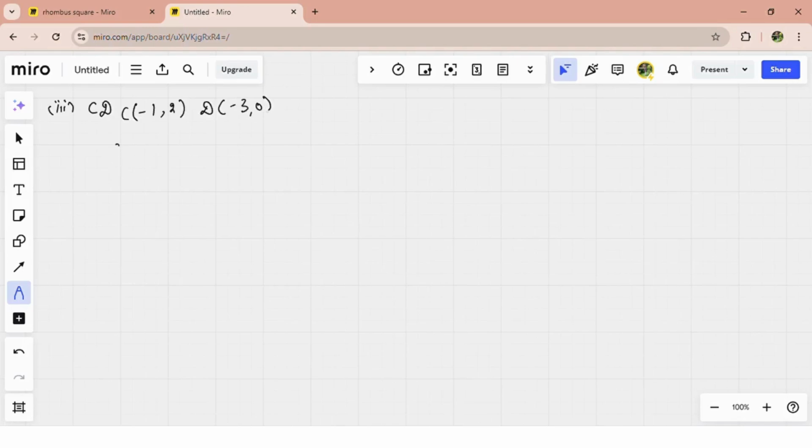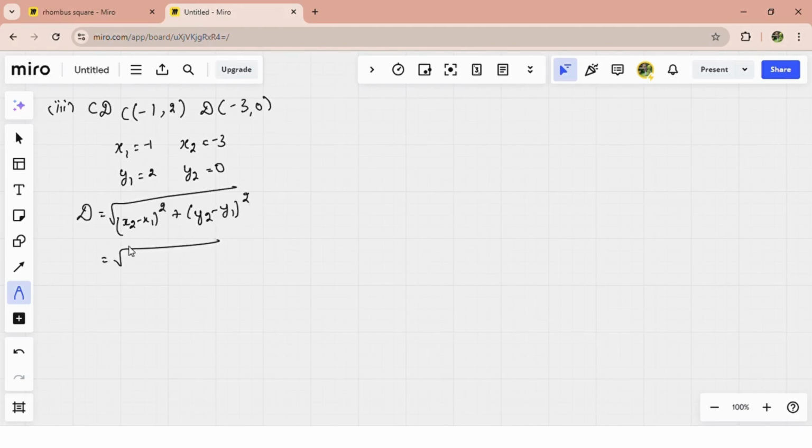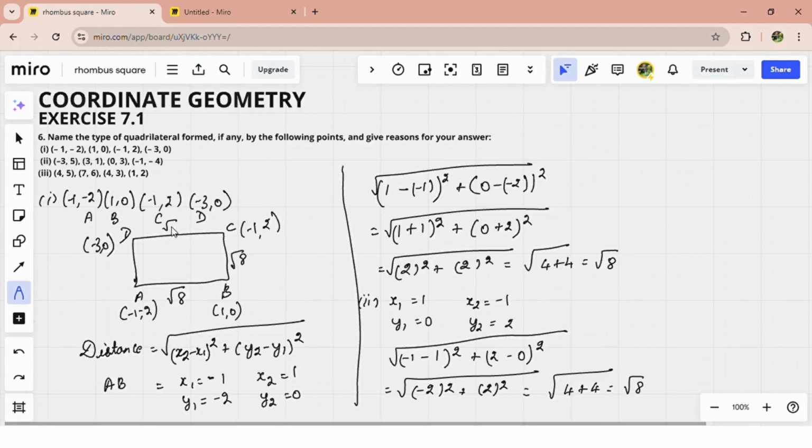So again, x1 equals -1, x2 equals -3, y1 equals 2, y2 equals 0. Again the distance formula: d equals root of (x2 minus x1) the whole square plus (y2 minus y1) the whole square, which is equal to root of (-3 plus 1) square plus (0 minus 2) square, which will be equal to root of (-2) square plus (-2) square, which is equal to root of 4 plus 4, root of 8. So you got this for CD also.